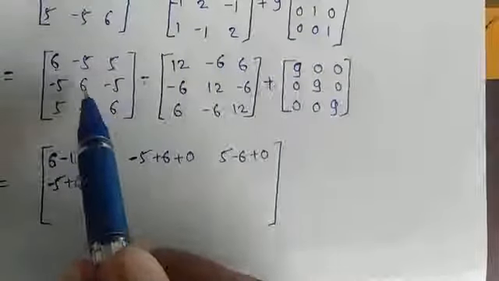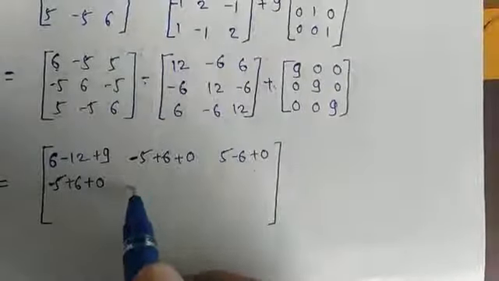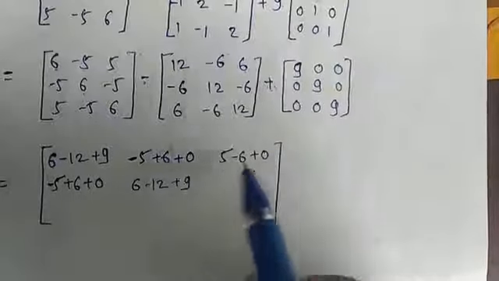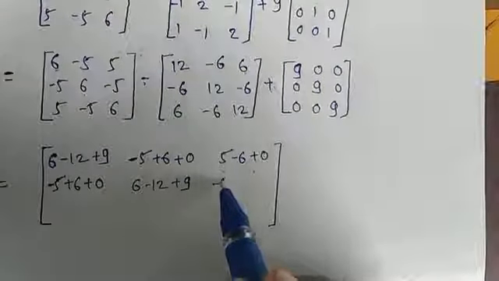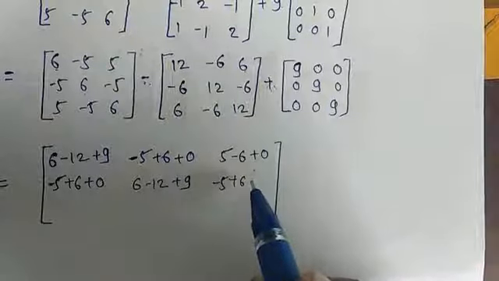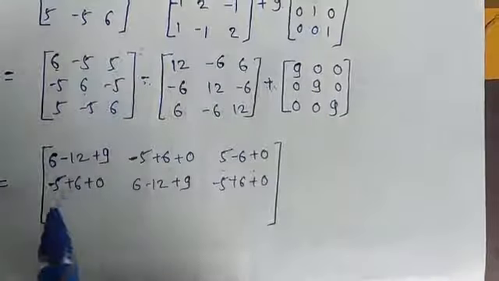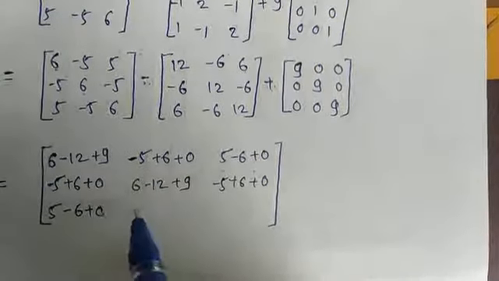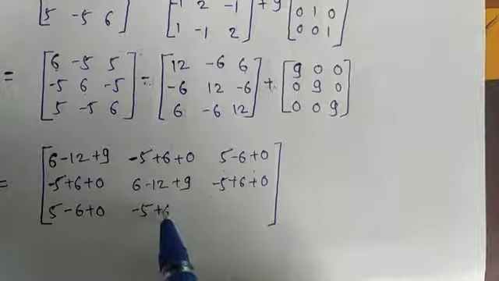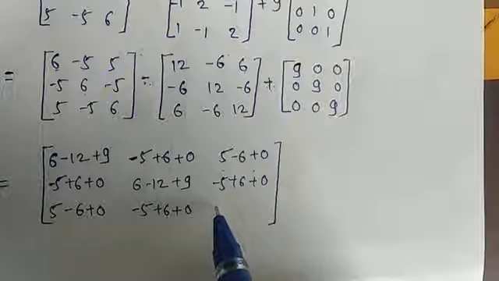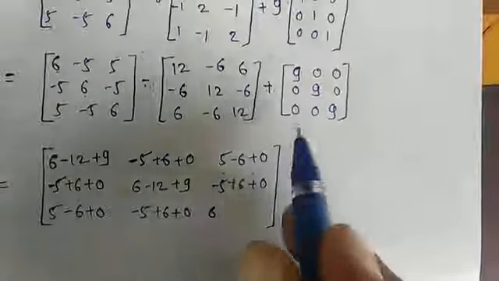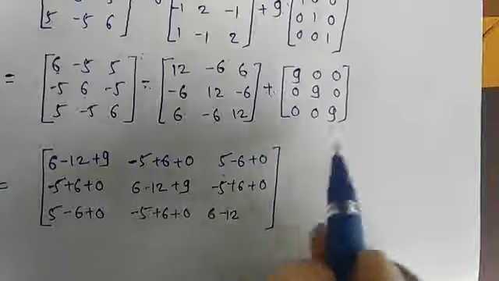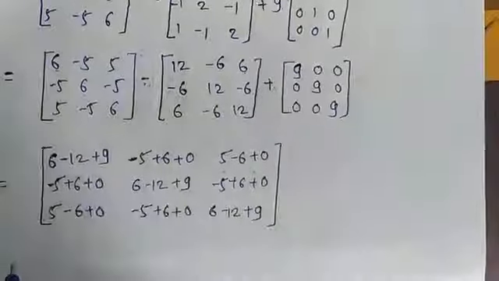Next it is 6 minus 12 plus 9. Third position is minus 5 minus minus plus 6 plus 0. Last row, it is 5 minus 6 plus 0, minus 5 plus 6 plus 0, and last it is 6 minus 12 plus 9.